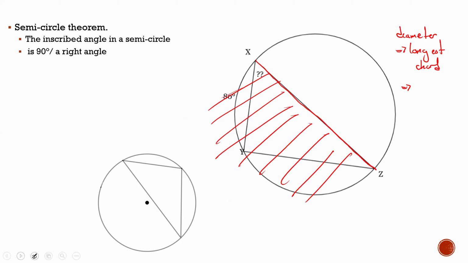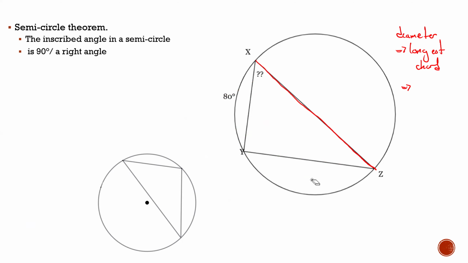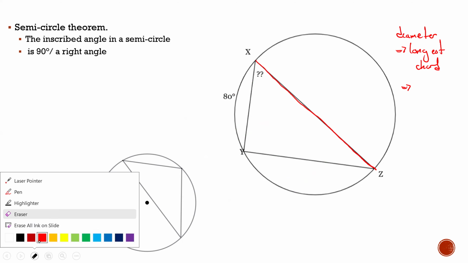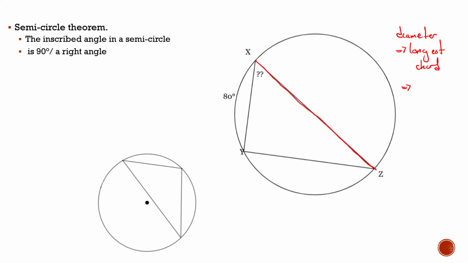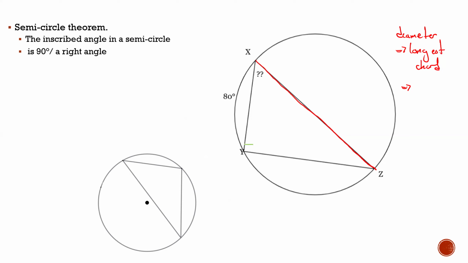We have a semicircle. And that's where we're going to apply the semicircle theorem, which states that the inscribed angle in a semicircle is 90 degrees. And what's the inscribed angle here? I'll use a different color. This angle here. So whenever you have a semicircle, the inscribed angle is 90 degrees.